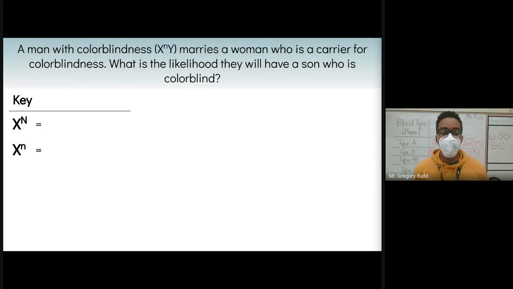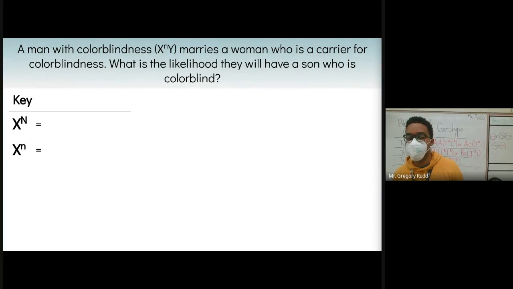In this key, we need to know what each allele codes for. So a capital N in this case, the dominant allele, what does that give us? Which trait does that give us? The dominant allele.